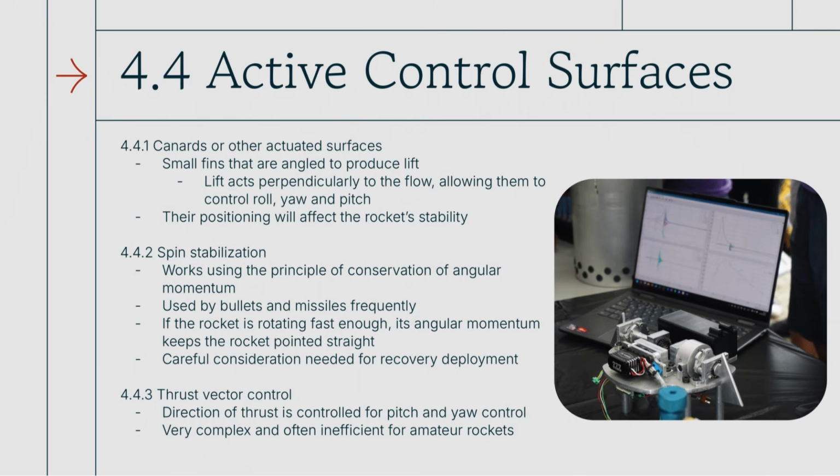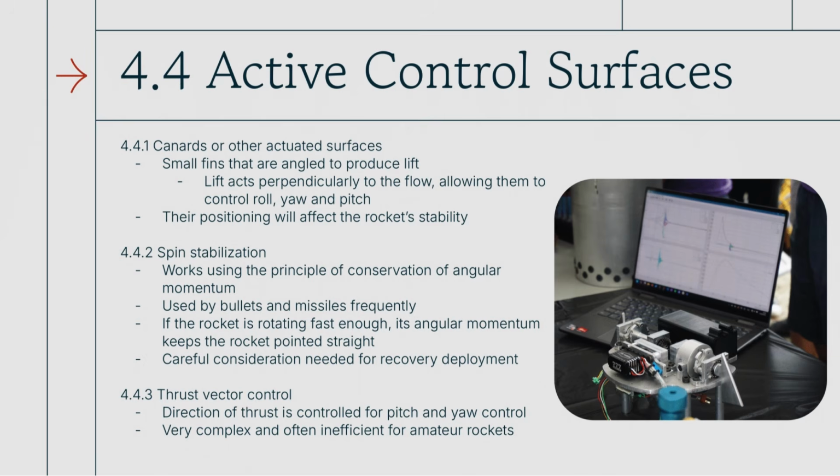You can also spin stabilize your rocket, which is a really cool way of doing it. Basically, it's using conservation of angular momentum. You can spin up your rocket really fast, and if you get it up to a given speed that you can calculate, it becomes really stable because you're using the angular momentum of the vehicle to prevent any deviations. Similarly to how a football is spun really quickly to make sure it doesn't go in weird places.